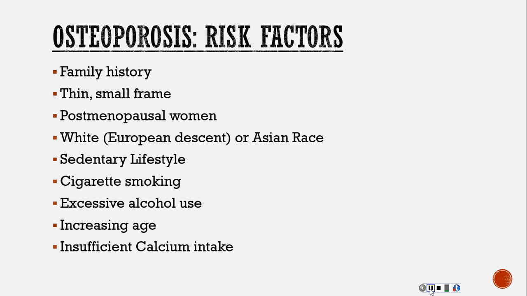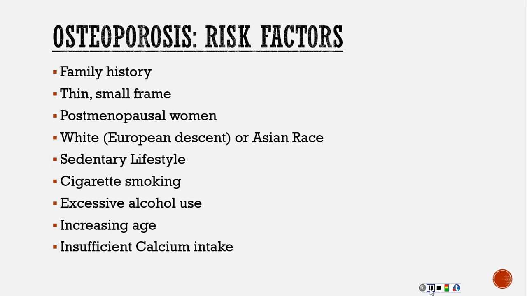Postmenopausal women. The reason for the postmenopausal part is that estrogen is a huge advocate for bone density growth. As estrogen levels drop, the body loses the defense mechanism against bone reabsorption. So estrogen does not create bone, but it helps to prevent bone loss. Okay.